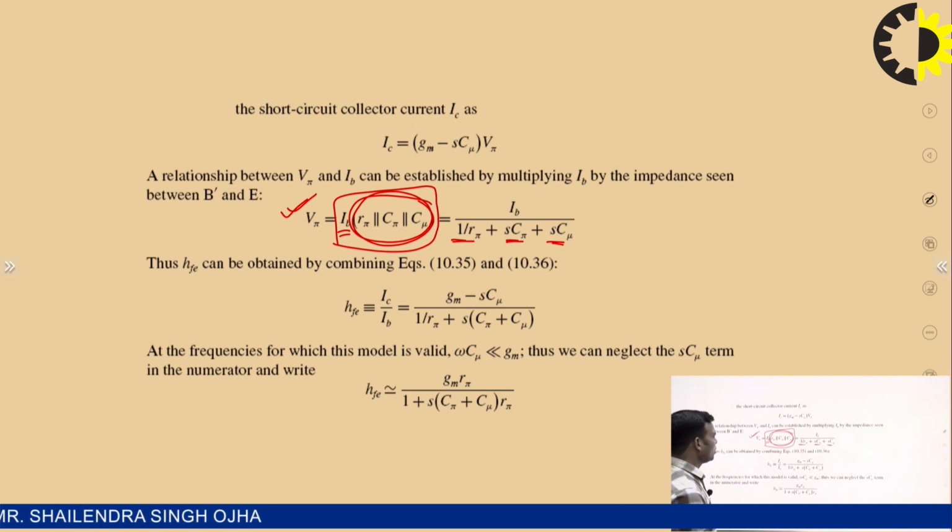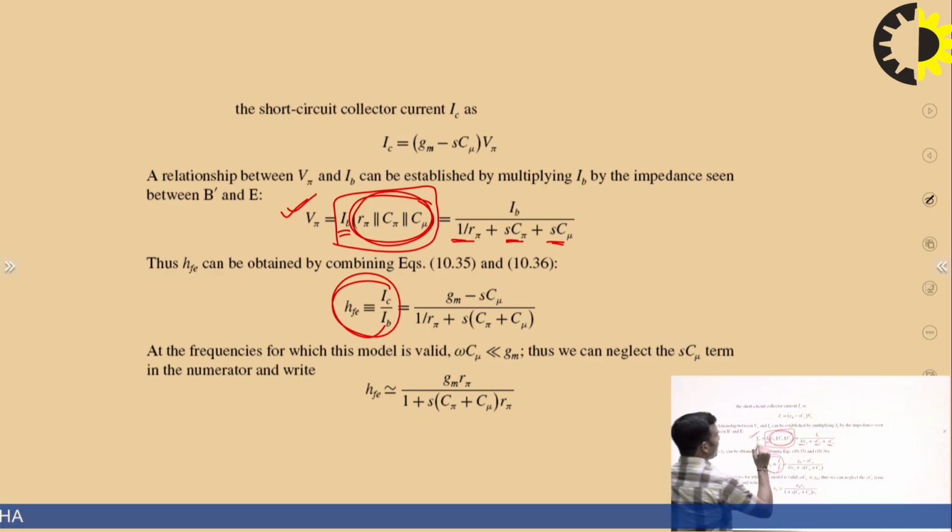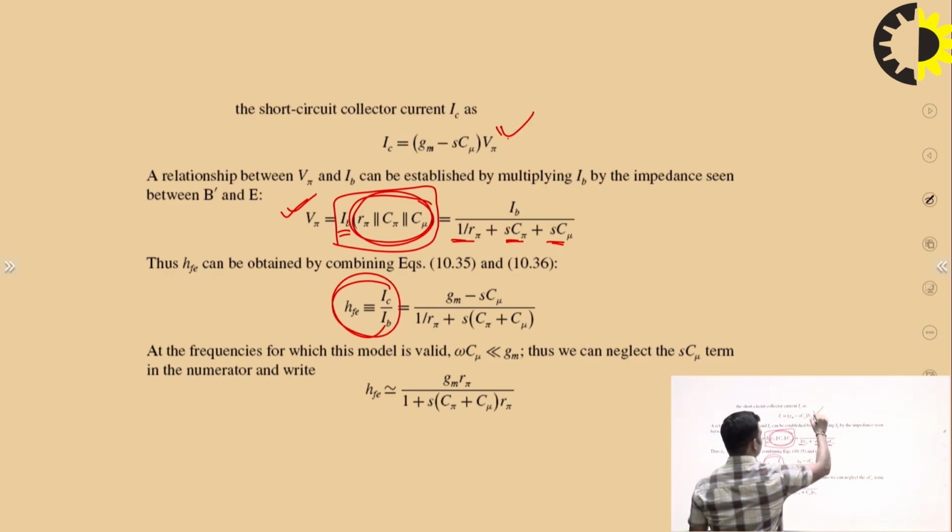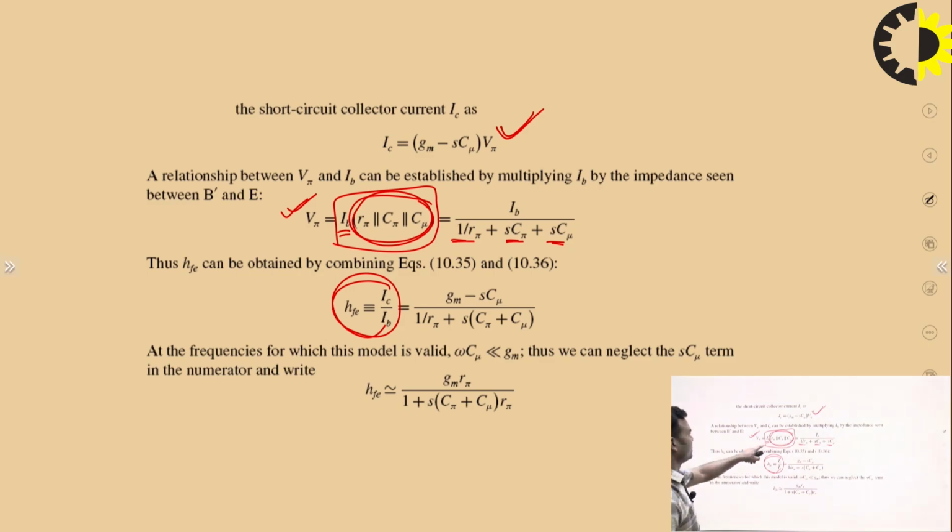And we all know that hFE is nothing but IC upon IB, and IC we have already found out, and IB can be found out from this. That means IB will be equal to V pi into (1/R pi + S C mu + S C pi). So if you solve it, then you can easily find out.